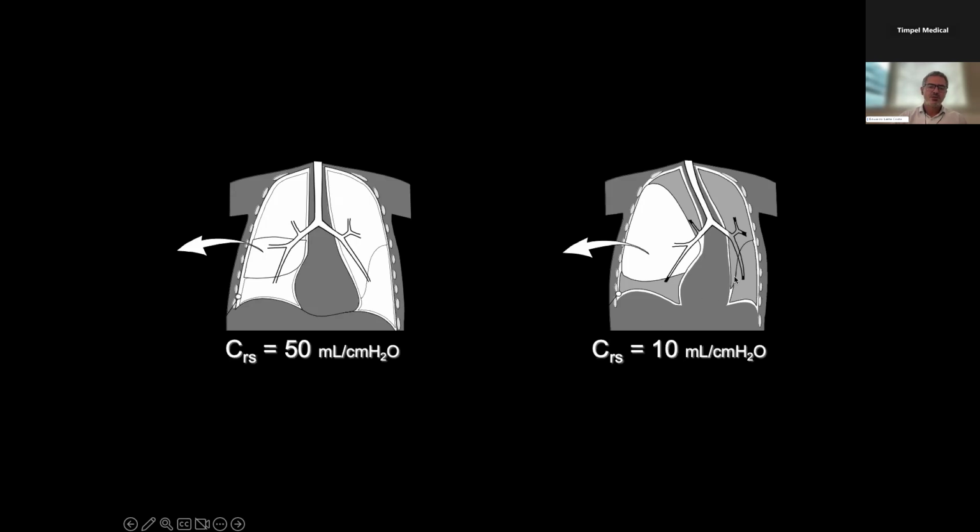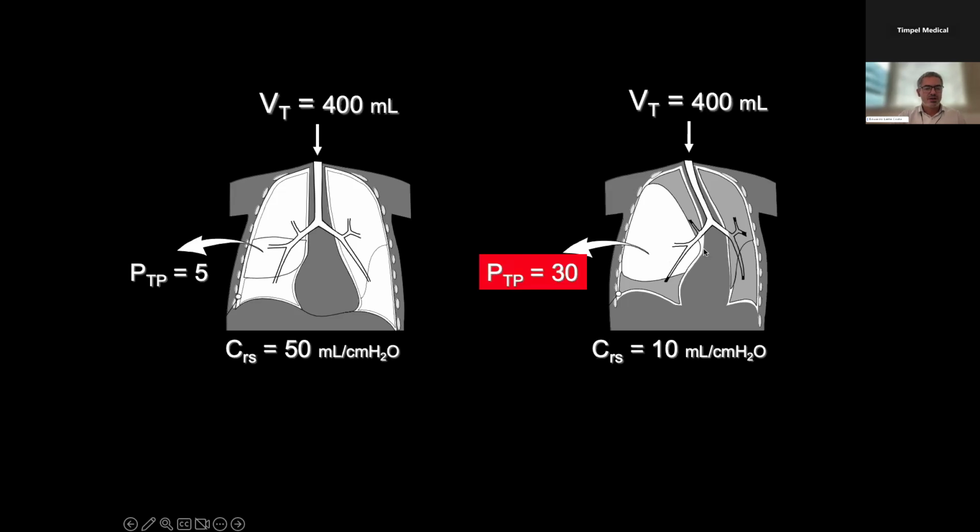But when you think of a patient with a lot of the lung that's not functioning, with a small functioning lung or baby lung, compliance of the respiratory system drops, and to accommodate a similar tidal volume, driving pressure will be much higher. Transpulmonary pressures and lung strains will be much higher as well.